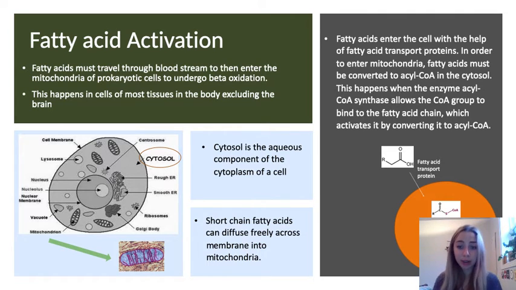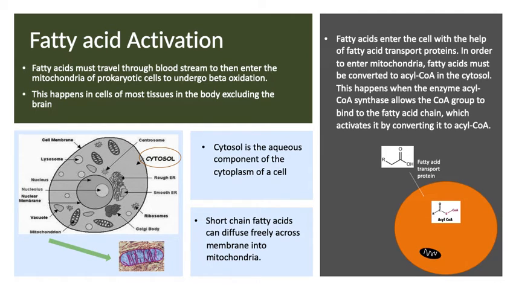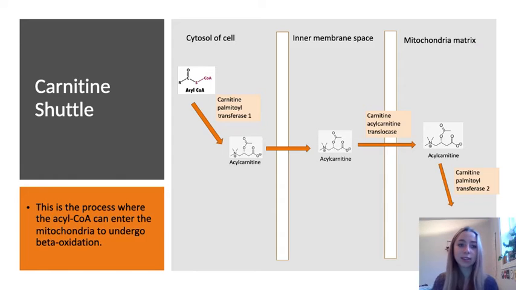But if it's a short-chain fatty acid, so smaller than a 14 carbon chain, it can actually just diffuse freely across the membrane into the mitochondria. But for our most common fatty acid chains, it has to undergo a process of the carnitine shuttle.